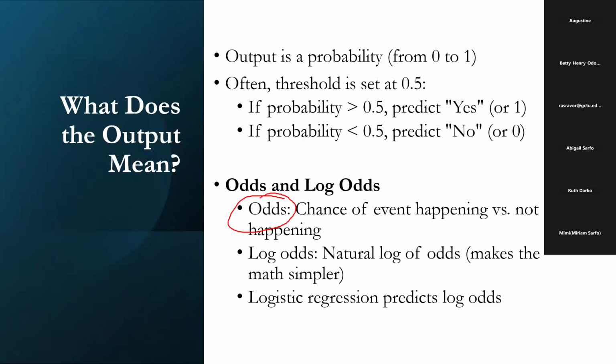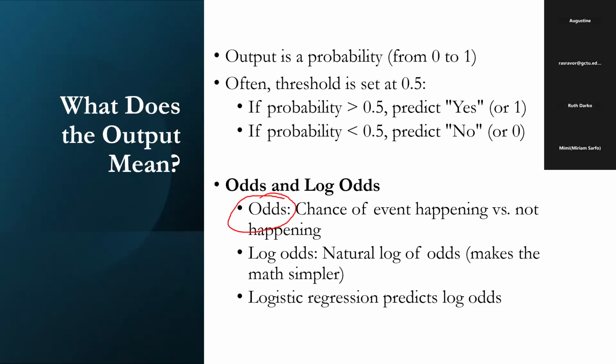Those who do a lot of casino work, you hear of the odds. What is the odds? The odds is the chance of an event happening or not happening. If you're a football fan, maybe the chance of Chelsea winning or not winning, or the chance of Manchester United winning or not winning, or the chance of Arsenal winning and not winning.